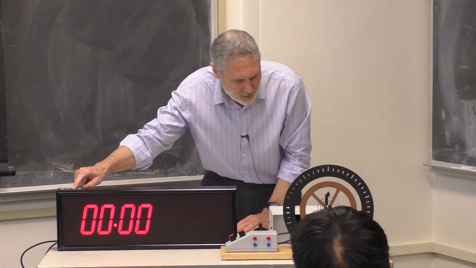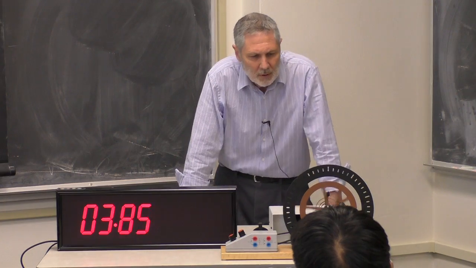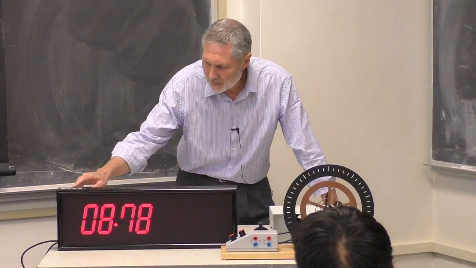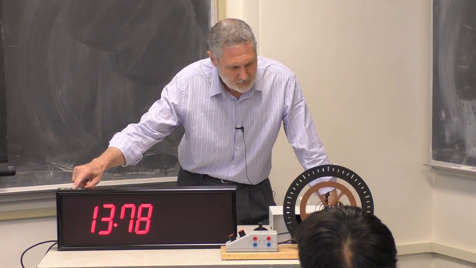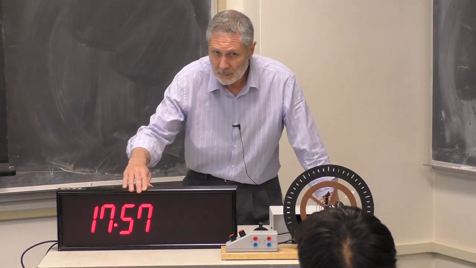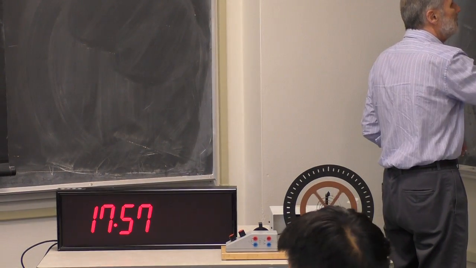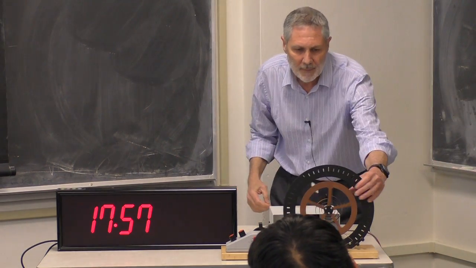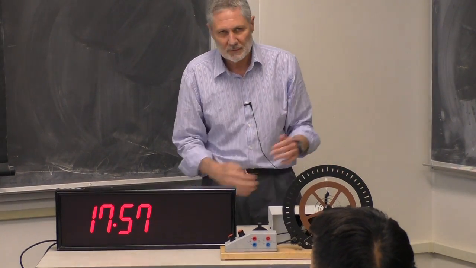I'm going to let it go. 1, 2. 17.57. Is that right? Okay, now, that's approximately, it's not exactly equal to omega naught because we got some damping there, but it's going to be pretty close.